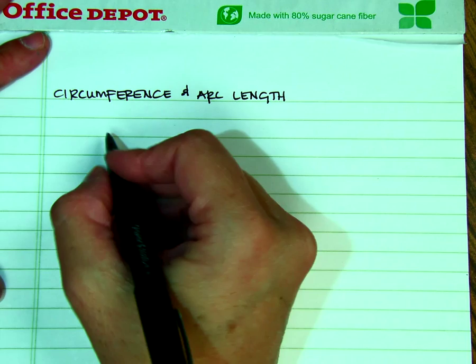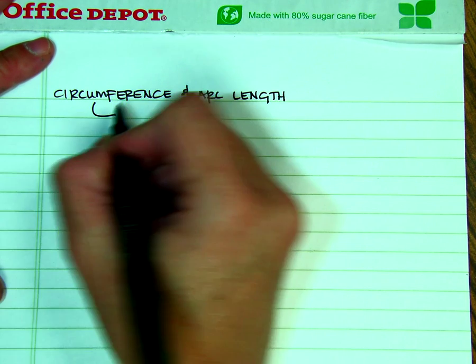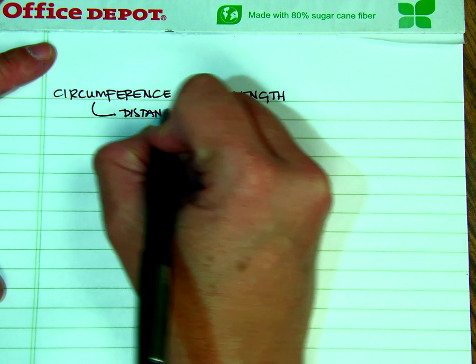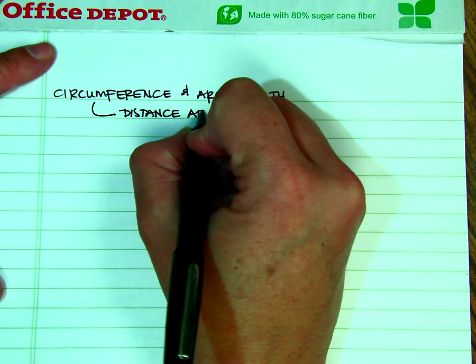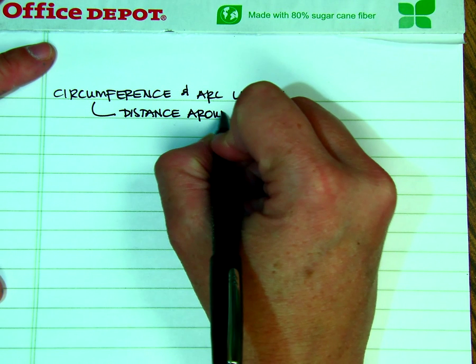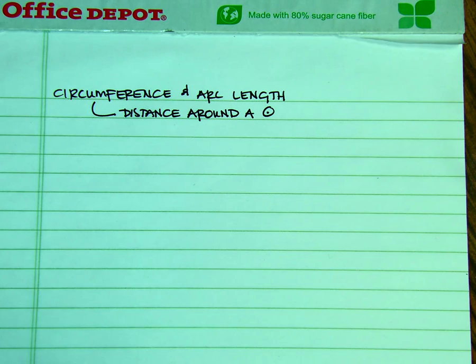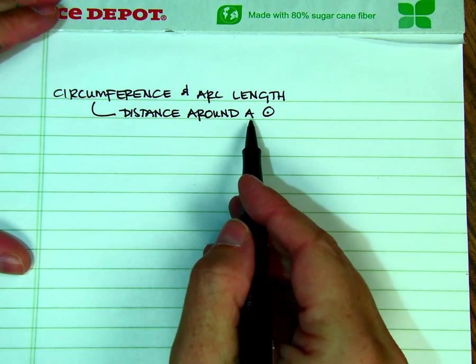For circumference, you need to understand that the definition of circumference is the distance around a circle. It is the same thing that perimeter is with any kind of polygon, but for a circle, we call it the circumference. And arc length, I'm going to come back to in just a little bit. So, the distance around a circle.